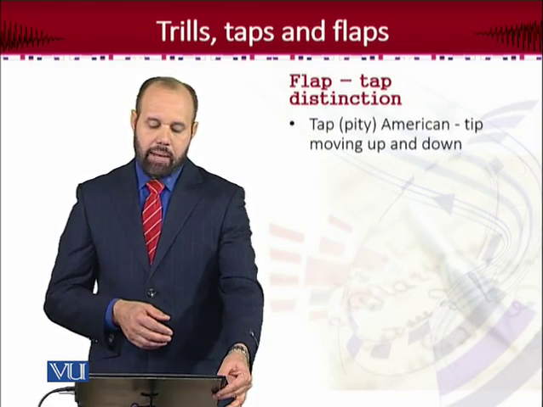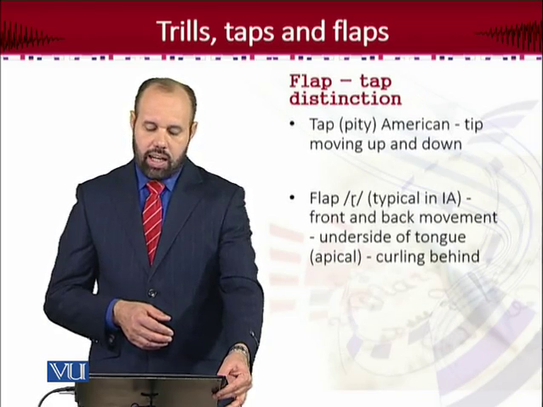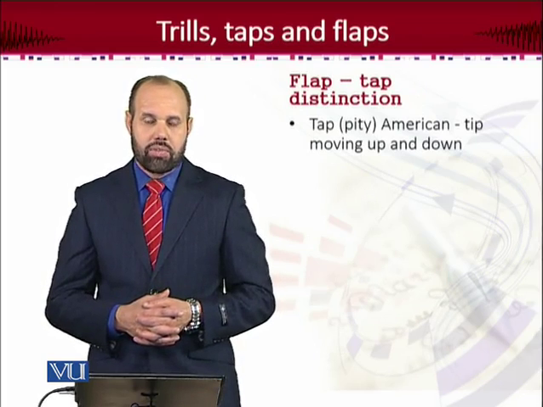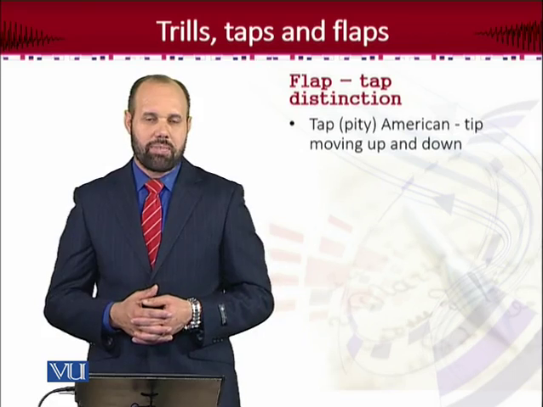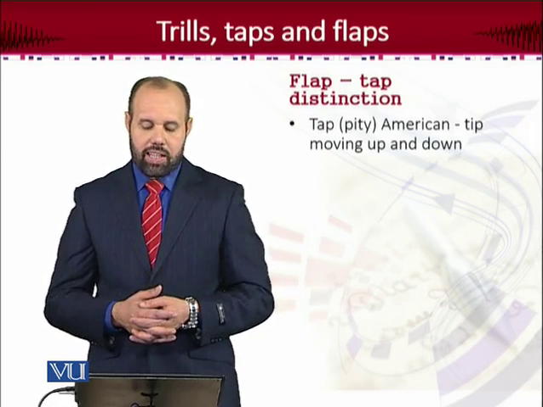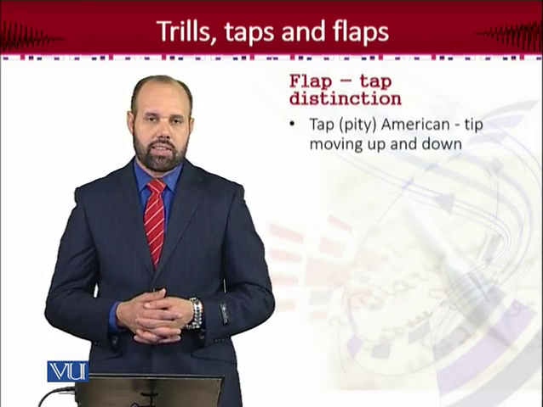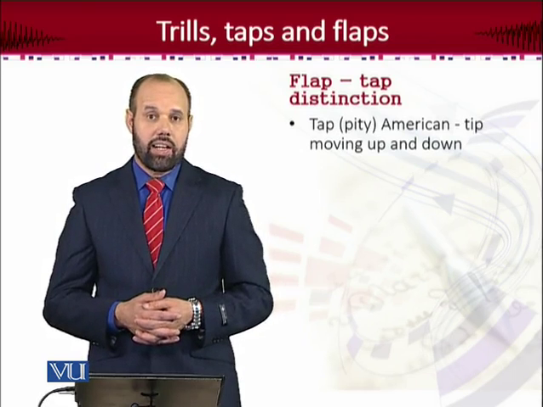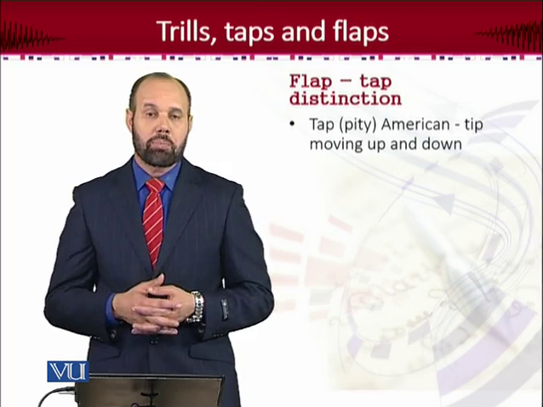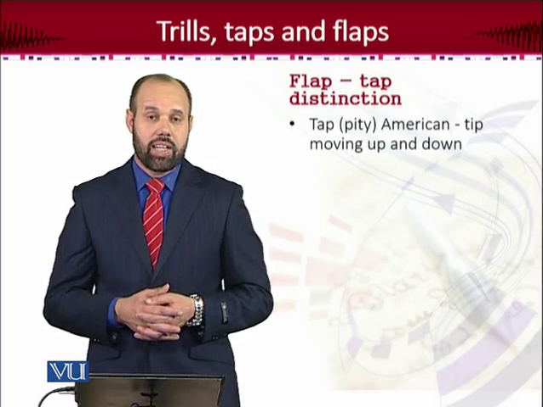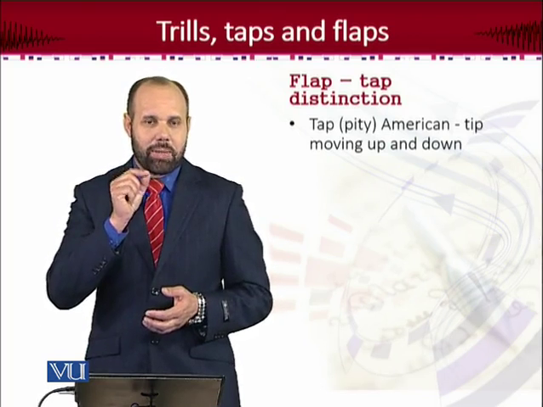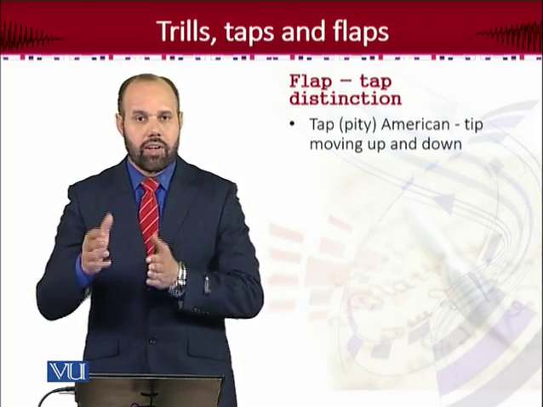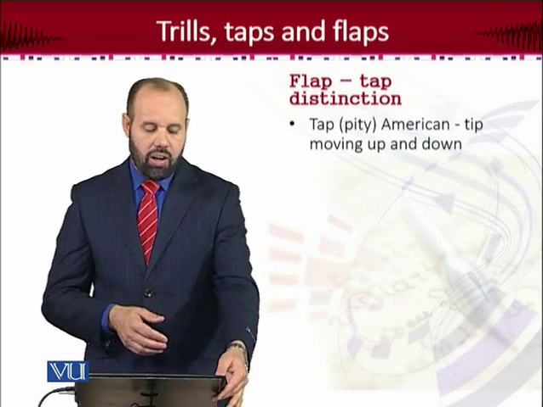And the flap and tap distinction we can discuss like the American typical gesture for the r sound, when the tip of the tongue is moving up and down, like in pretty, right? The American would pronounce it like that, the r, but not exactly r. It's something midway between t and r.